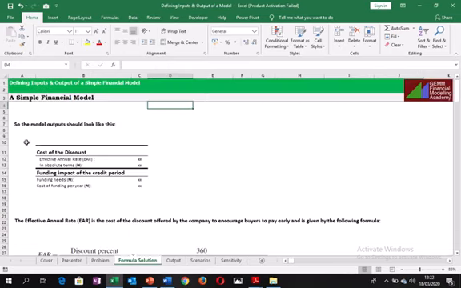And a typical way the output of the model should look is this: cost of the discounts that the company provides to its customers, then the funding impact of the trade credit it gives. So this is exactly how the output should look. Then you should begin to establish what the input is.